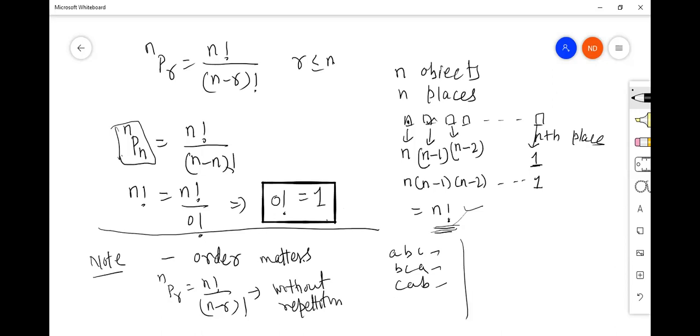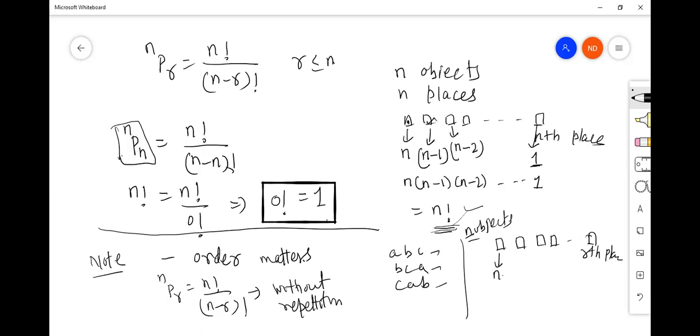But if the things are repeated, suppose for example you have r places and you have n objects. If you have to arrange n objects in r places when things are repeated, then in the first place you can place any one of the n objects.